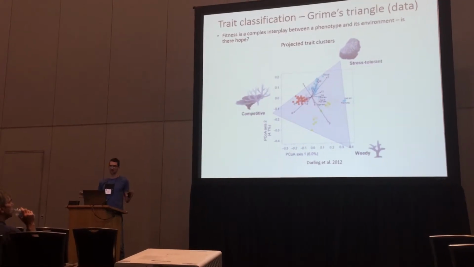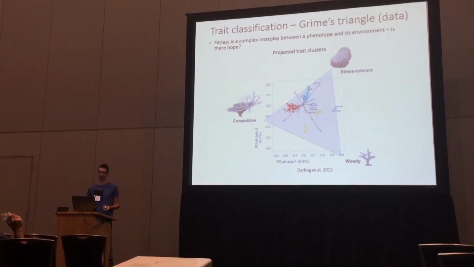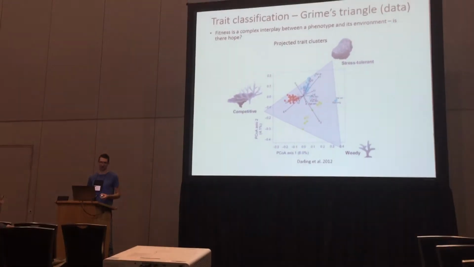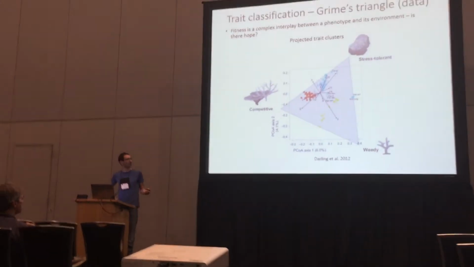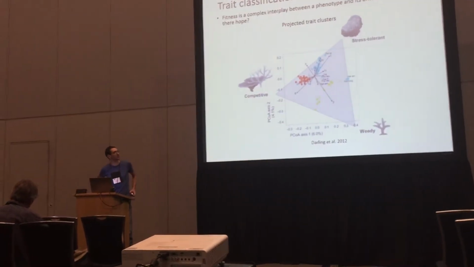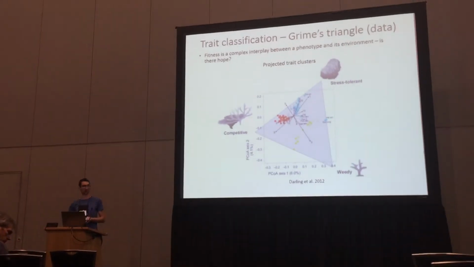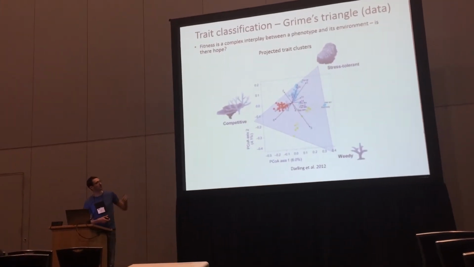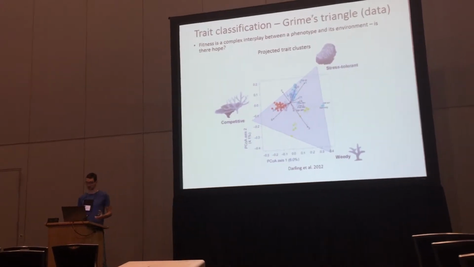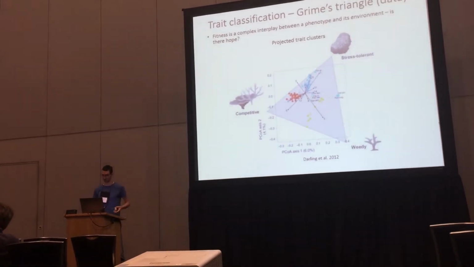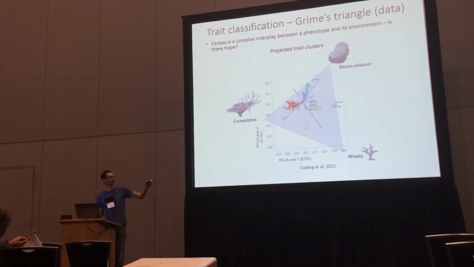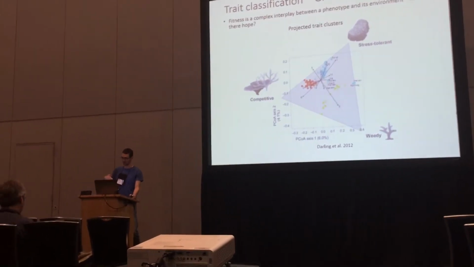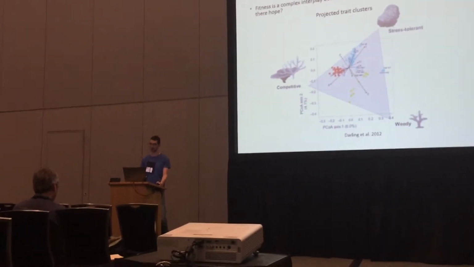They find that there are three very distinctive clusters, and these correspond to what are known as primary strategies. The red cluster is what's called a competitive strategy, so it grows very quickly and shades out other corals. The blue cluster is a stress tolerator, so it grows more slowly, but it can deal with low light and low nutrient conditions. And then the weedy cluster has a very rapid turnover, but it's good at colonizing disturbed environments.